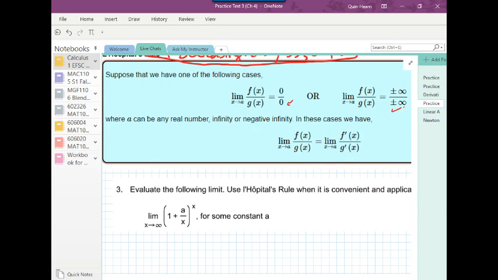Okay, this one asks us to evaluate the limit, use L'Hopital's rule when it's convenient and applicable. Do you happen to recognize that expression, 1 plus a number over x to the x power, from anything? Does it look familiar?